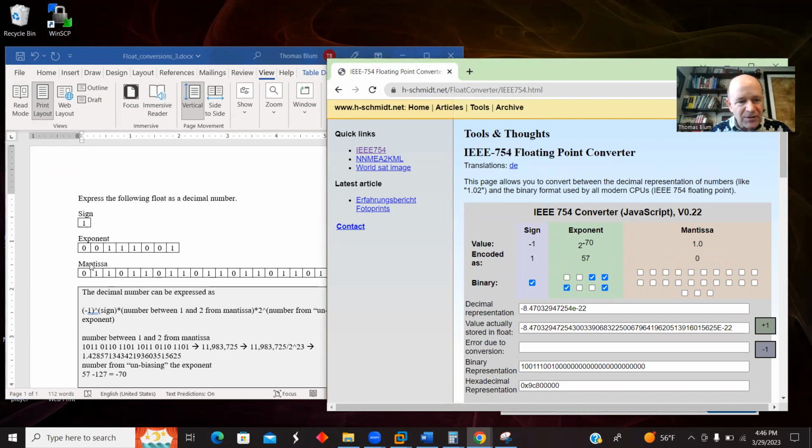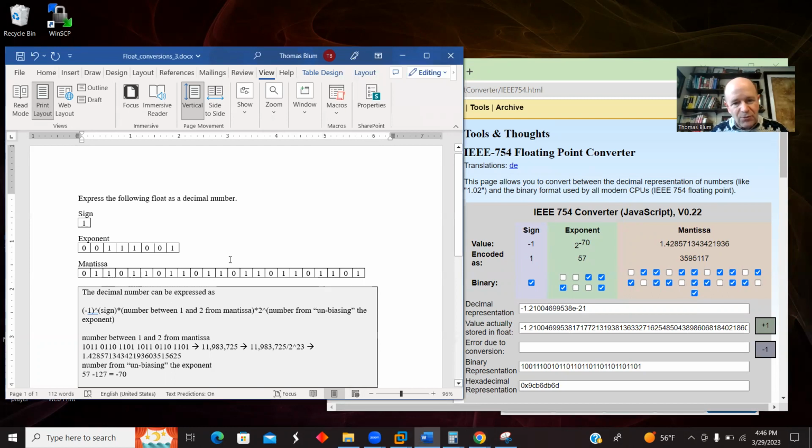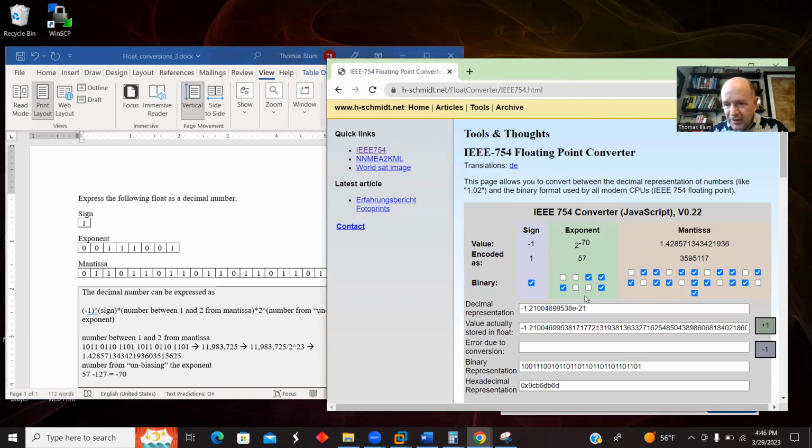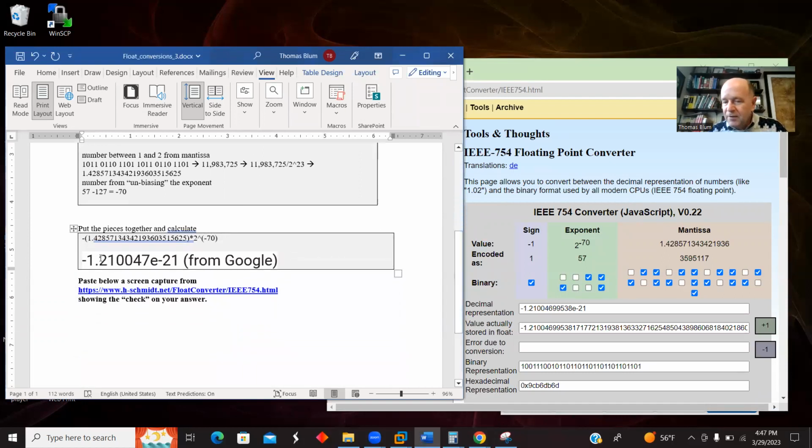And then the mantissa was 0, 1, 1, 0, 1, 1, a nice repeating pattern, so I make fewer mistakes than I usually make here. So that was my pattern, 0, 1, 1, 0, 1, 1, 0, 1, 1. When I put it into the online floating point calculator, I'm getting minus 1.21004 something something E, times 10 to the minus 21. And that's what I was getting out of the Google calculation.